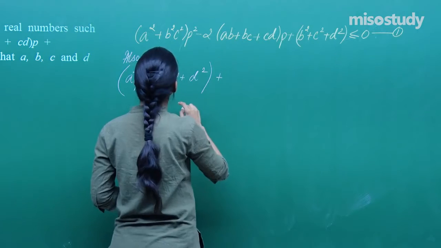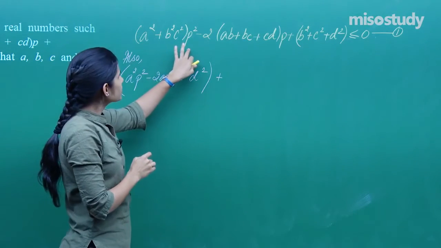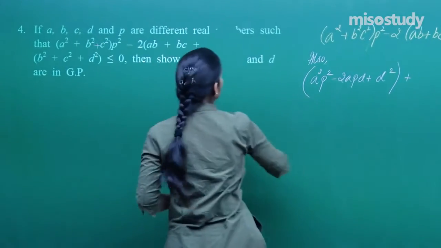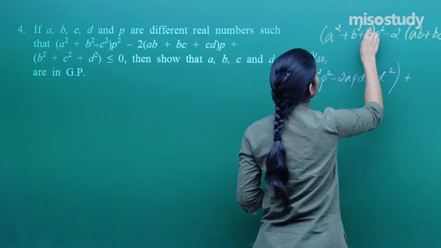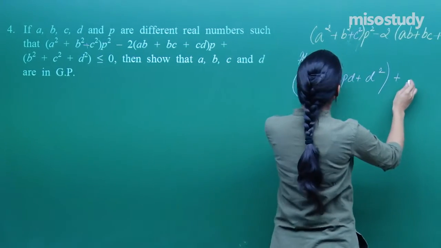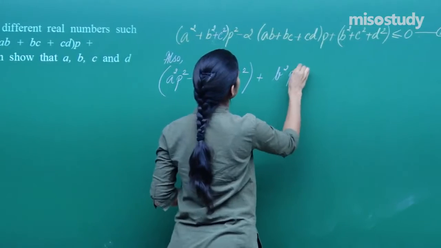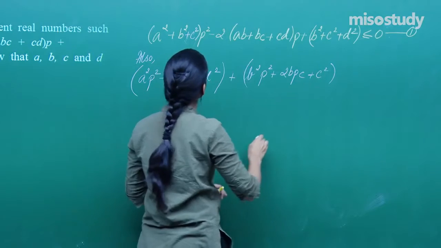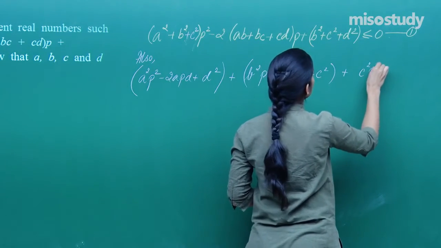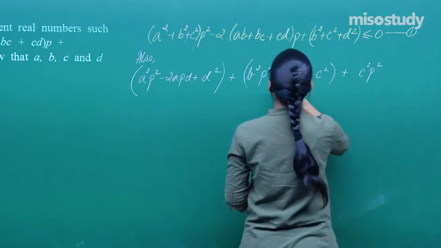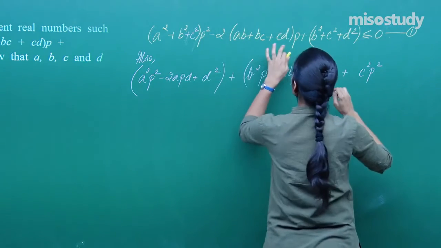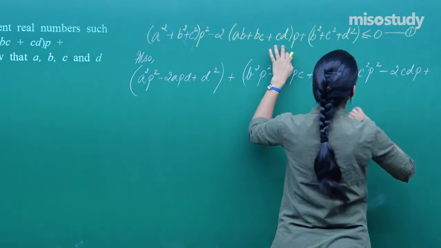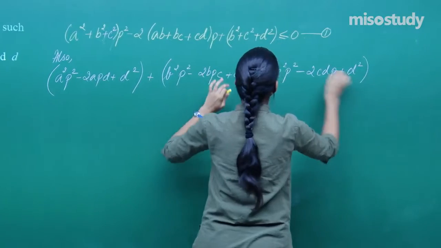Next you have what? a square p square. Here you have a square plus b square plus c square, so keep it as plus c square. Then you have plus b square p square plus 2bpc plus c square. Then you have plus c square p square minus 2cdp plus d square.